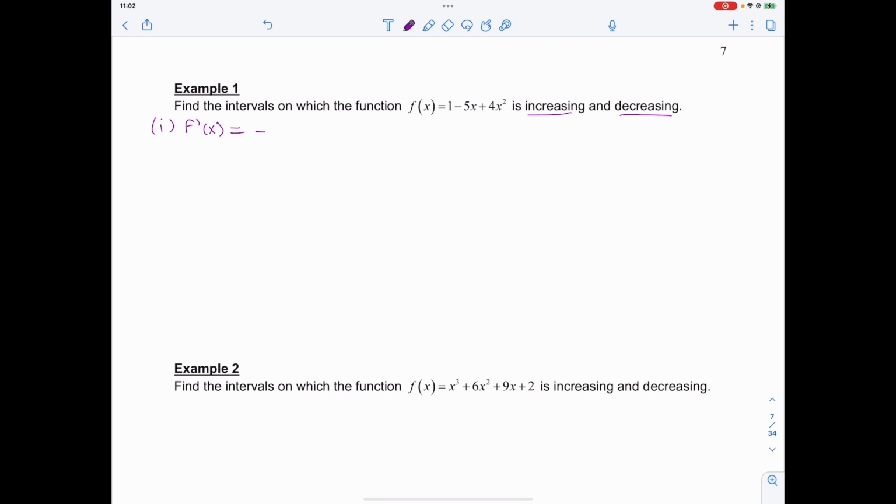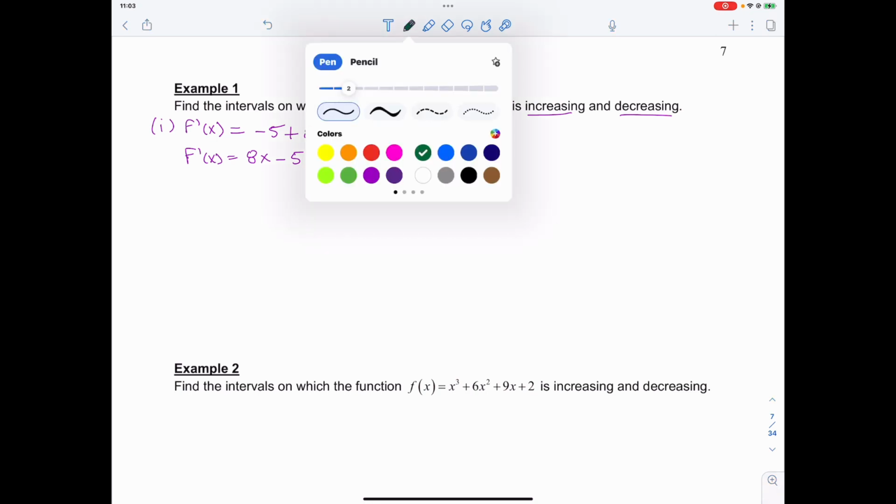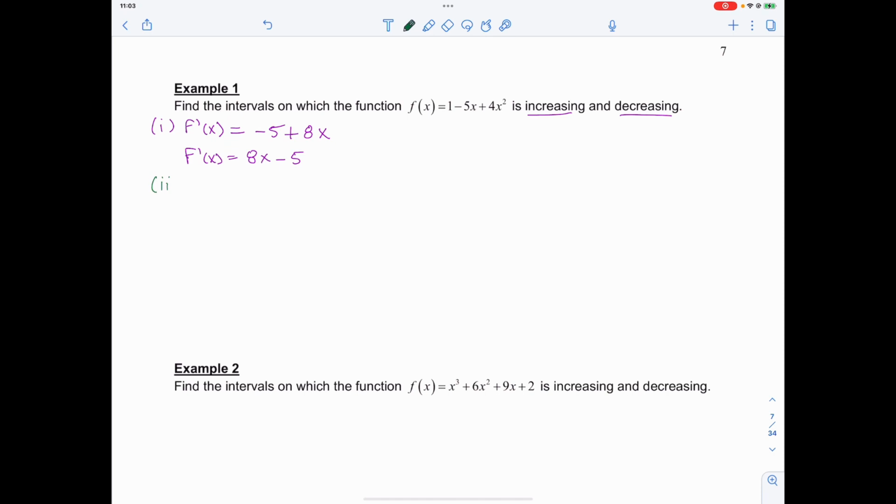So I'm going to have negative 5 plus 8x, or f prime of x is equal to 8x minus 5. The second thing we need is the roots of the derivative. So if 0 is equal to 8x minus 5, then x is going to equal 5 over 8.